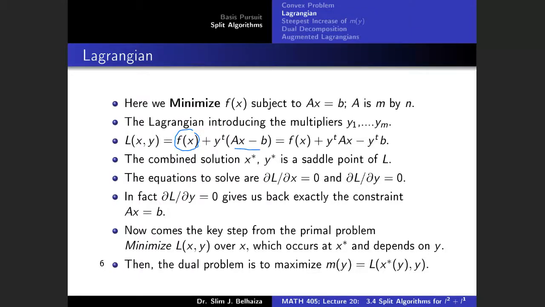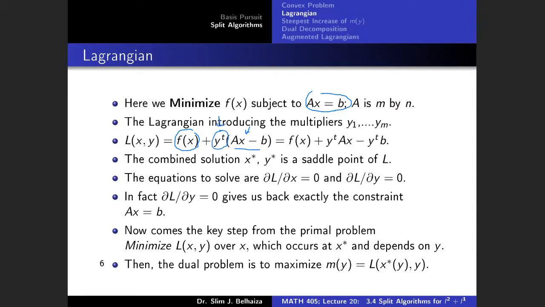So welcome back, guys. Last time we started talking about split algorithms in section 3.4, and we already covered the part about the Lagrangian and how we can add the linear conditions Ax equals b to the objective function using what we call the Lagrangian multipliers.